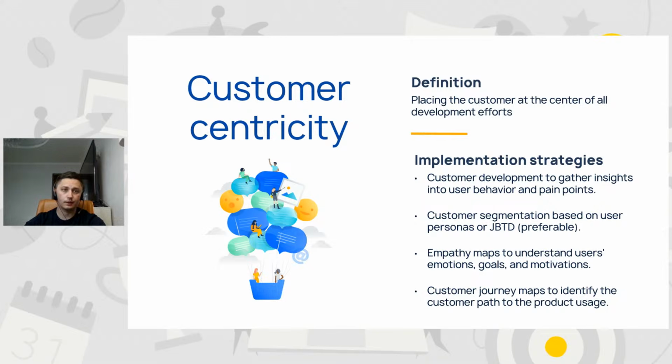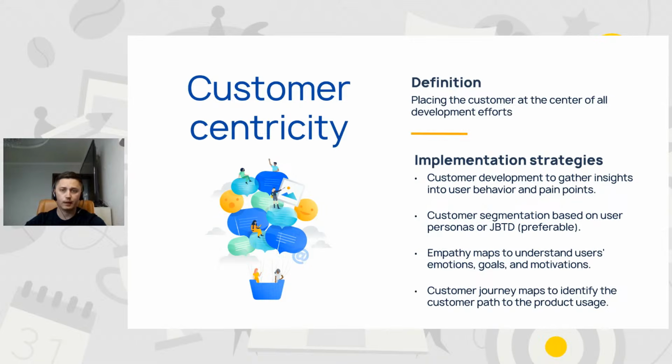We try to gather as many insights about user behavior and pain points through, for example, customer development practices. Then we can also perform some customer segmentation through user personas or jobs to be done approach. The latter one is more preferable.